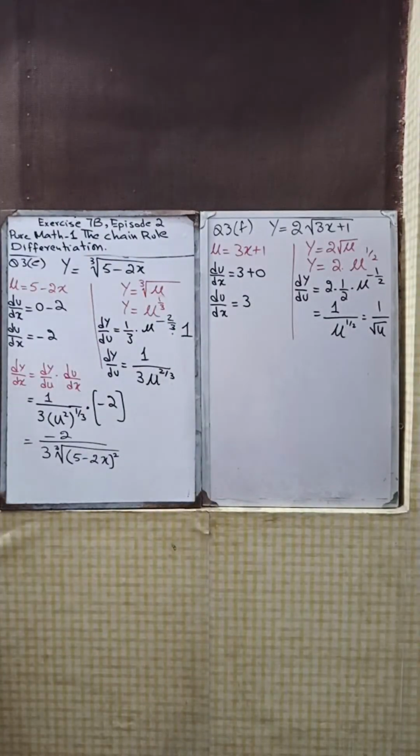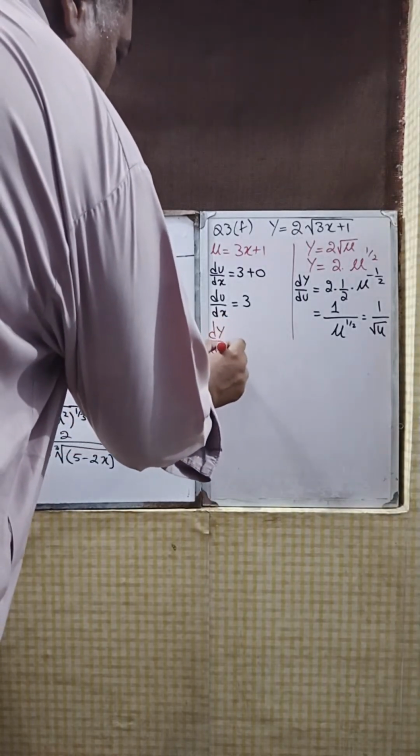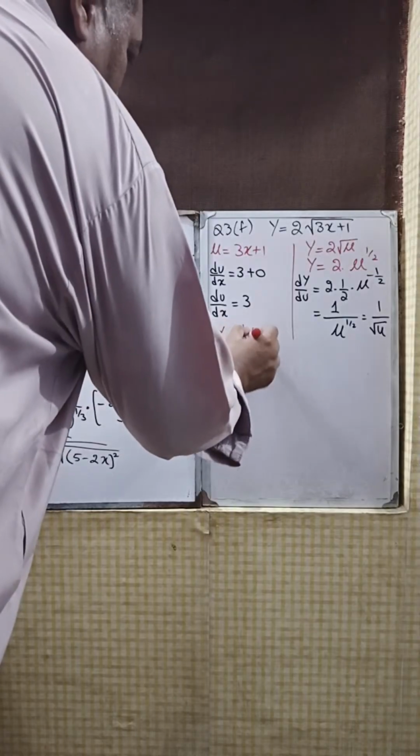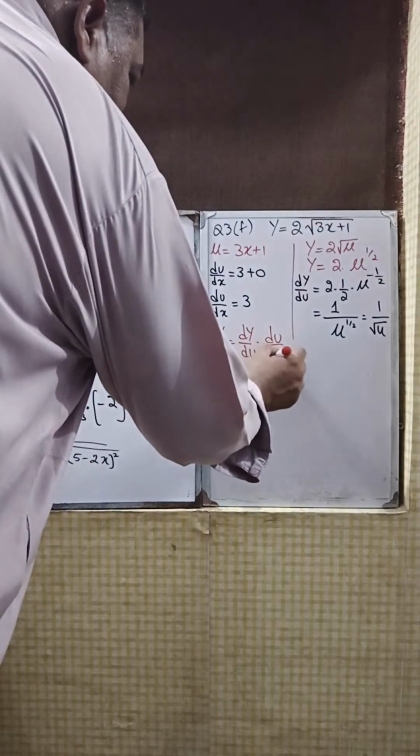Then I will apply the chain rule, and the chain rule says that dy by dx will be equal to dy by du into du by dx.